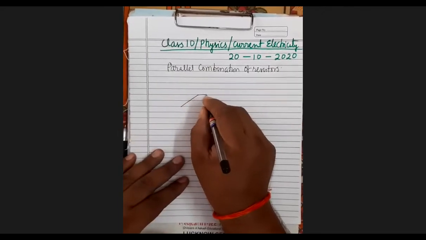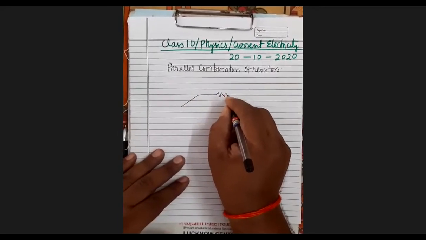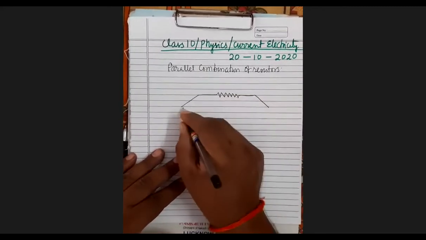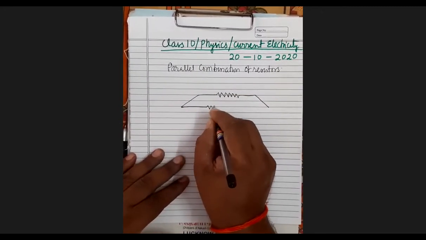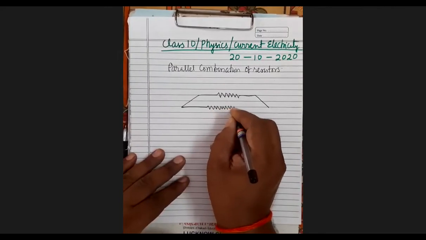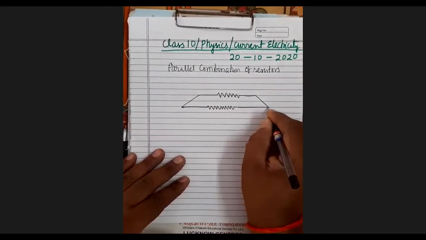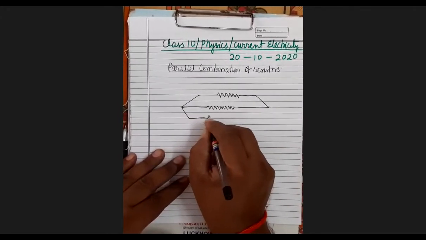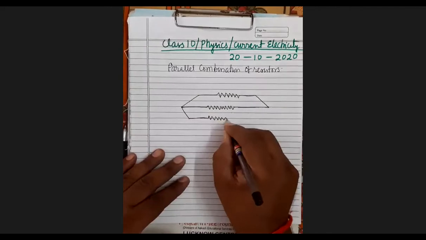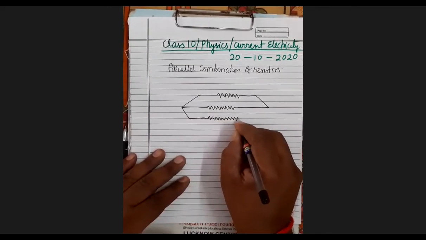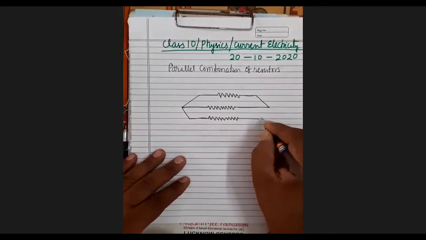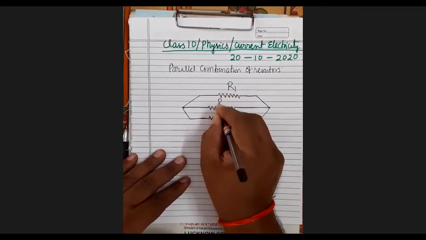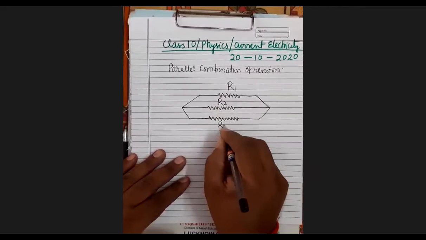Suppose these are the three resistors which are connected in parallel. This is R1, R2, and R3.